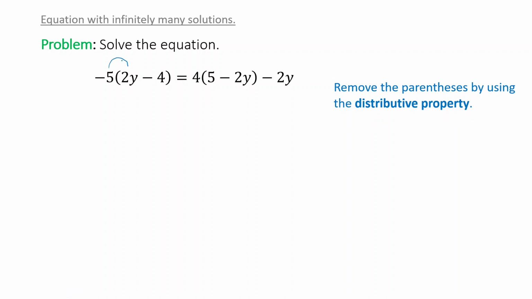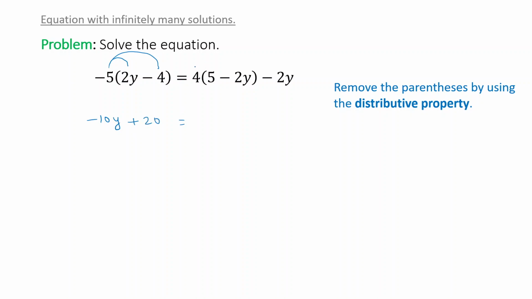Multiply this and this. -5, positive 2y. If you multiply, you will get negative 10y. Now you multiply this and this. -5, -4. If you multiply, you will get positive 20.